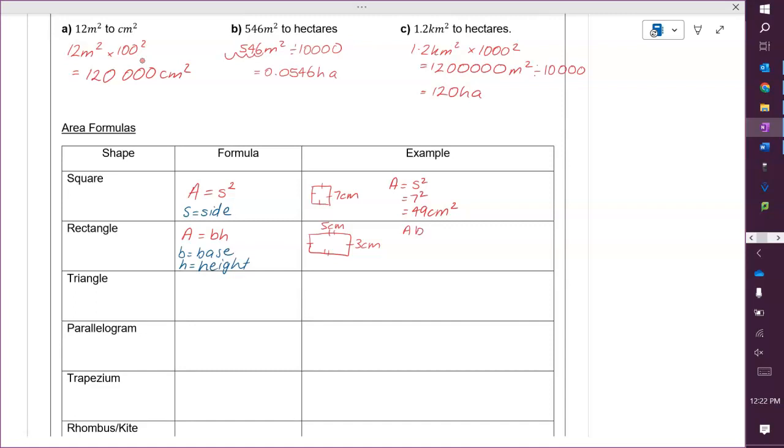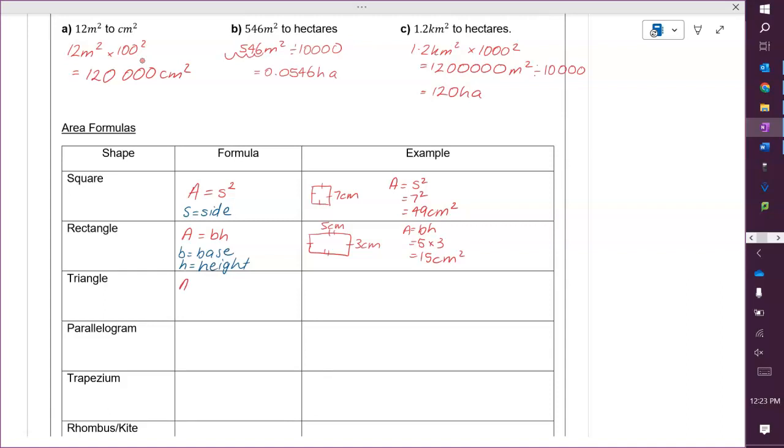Our area is BH. So our base is 5, our height is 3, giving us 15 centimetres squared. Now with all of these questions, you need to have 3 lines of working out. The first line is your formula, the second line is the substitution, and the last line is your answer.